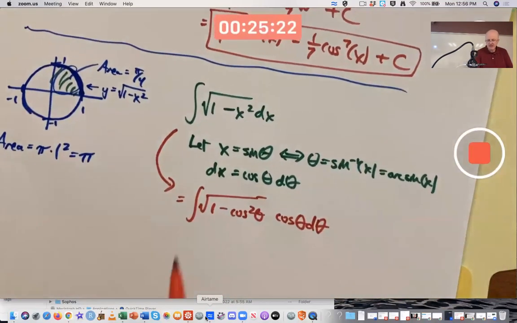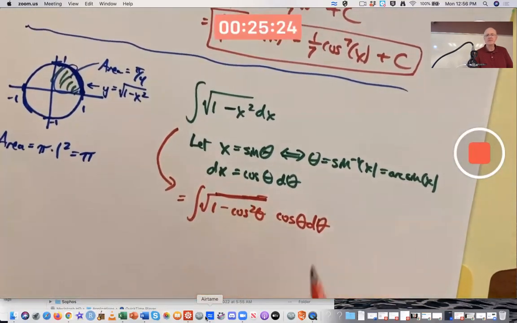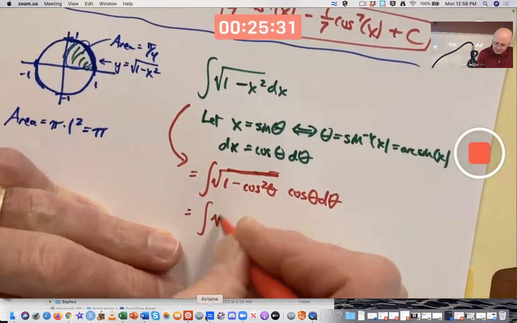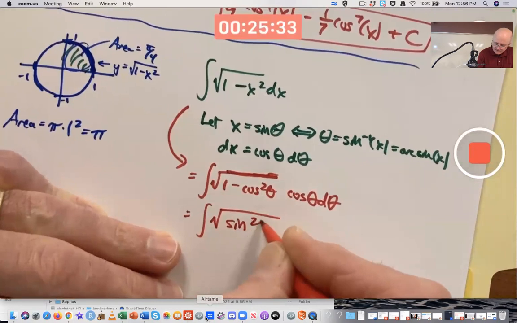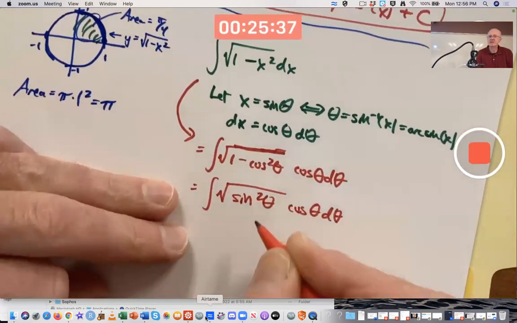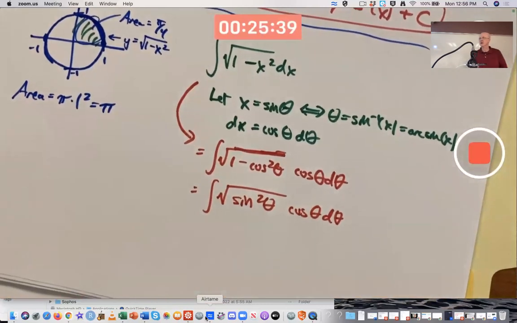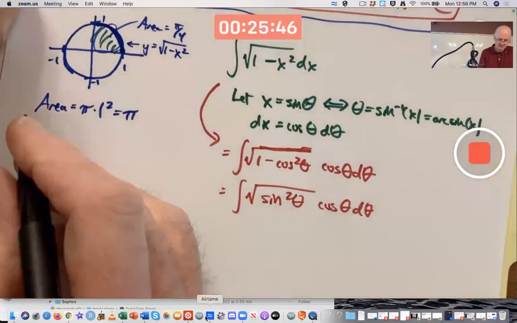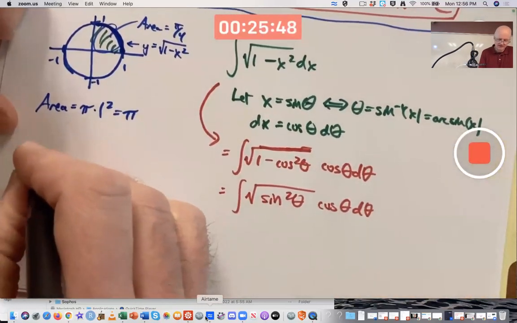Now, technically speaking, one way to see that it's easier is to replace that 1 minus sine squared theta with cos squared theta. Now, technically speaking, the square root of a square of a number is not the number. Did you know that? The square root of a number squared is not the number.